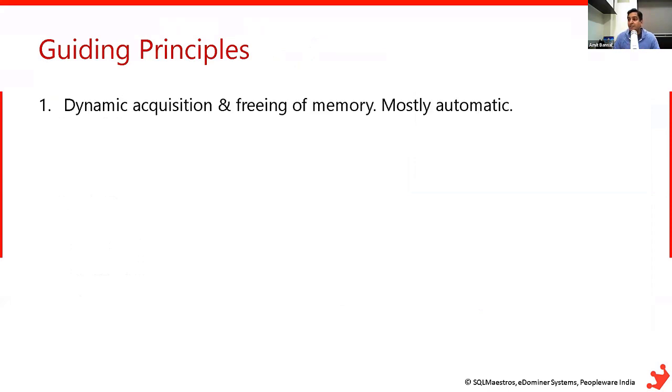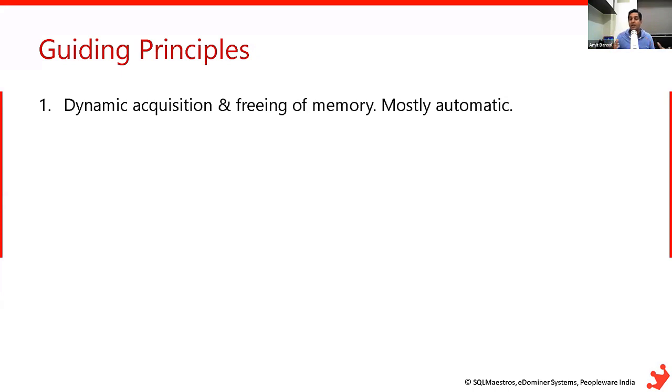First, dynamic acquisition and freeing of memory, mostly automatic. SQL Server memory is designed to be automatic. You have a few knobs and switches, but it is mostly managed automatically. As you keep running workloads, as SQL Server accepts more connections, requests, and queries, it will keep asking Windows for more and more memory. This is dynamic allocation. We are going to dive deep into this.